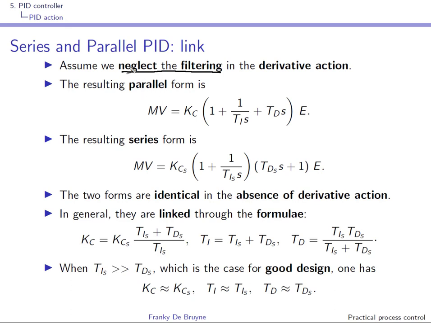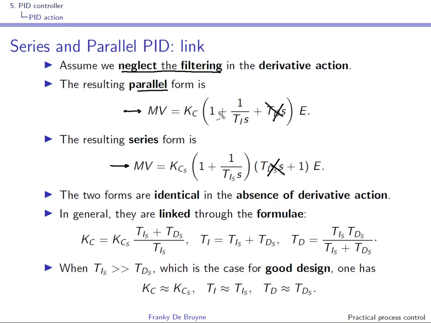So if we make this assumption that we neglect the filtering in the derivative action, this is what you obtain for the parallel form, and this is what you obtain for the series form. Notice that if there is no derivative action in the parallel form, then this one will disappear. If there is no derivative action in the series form, then this one will disappear.